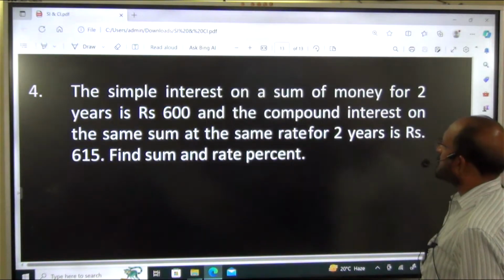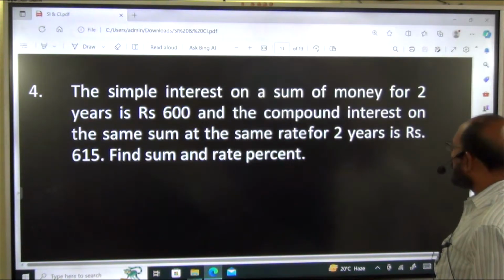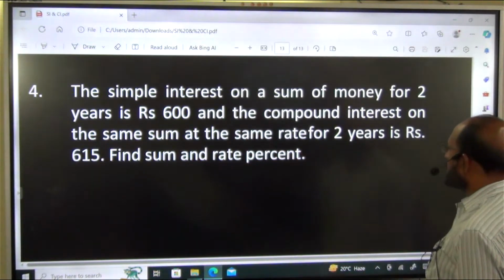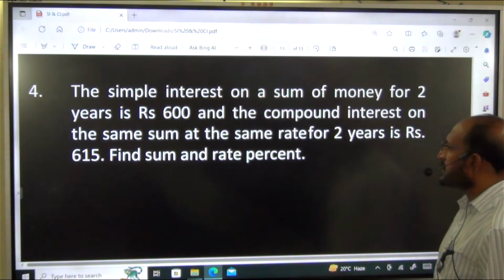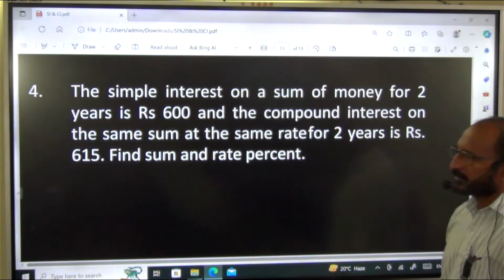The simple interest on the sum of money for 2 years is 600 and the compound interest on the same sum at the same rate for 2 years is 615. The sum and the rate percent is?